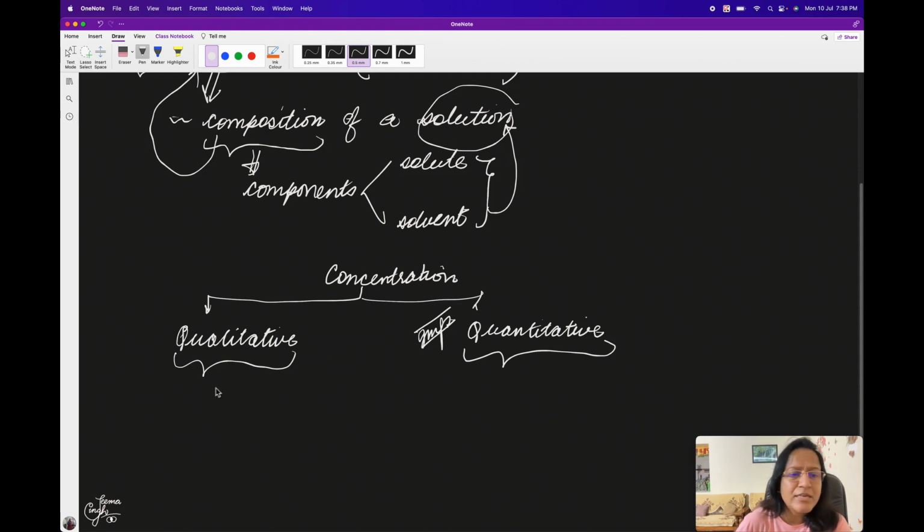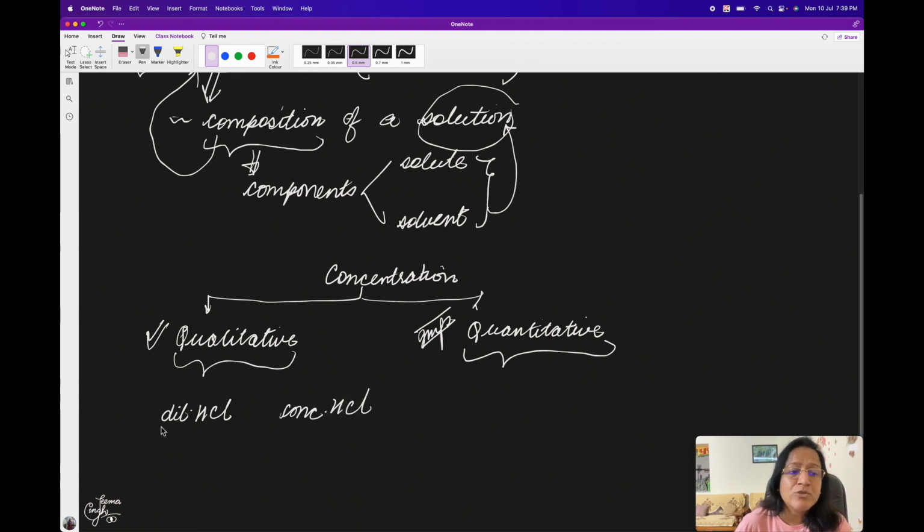Now, to understand the term qualitative, you must have seen in your chemistry laboratory reagent bottles where chemicals are stored. They must have been marked as dilute HCl or dilute sulfuric acid and concentrated HCl.